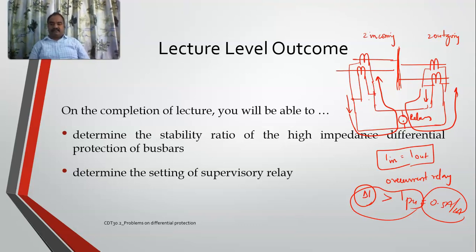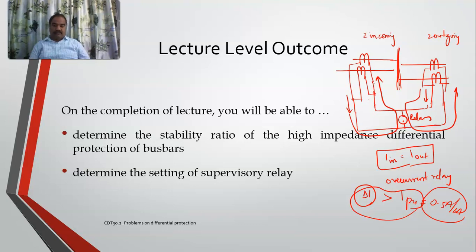This stabilizing resistance helps us in overcoming the problem of CT saturation, because normally what happens is during external faults the current may be very large enough to push your CTs into saturation. And if any of the CTs move into saturation, then there may be a spill current flowing in the circuit, which may result in unwanted detection of your faults.